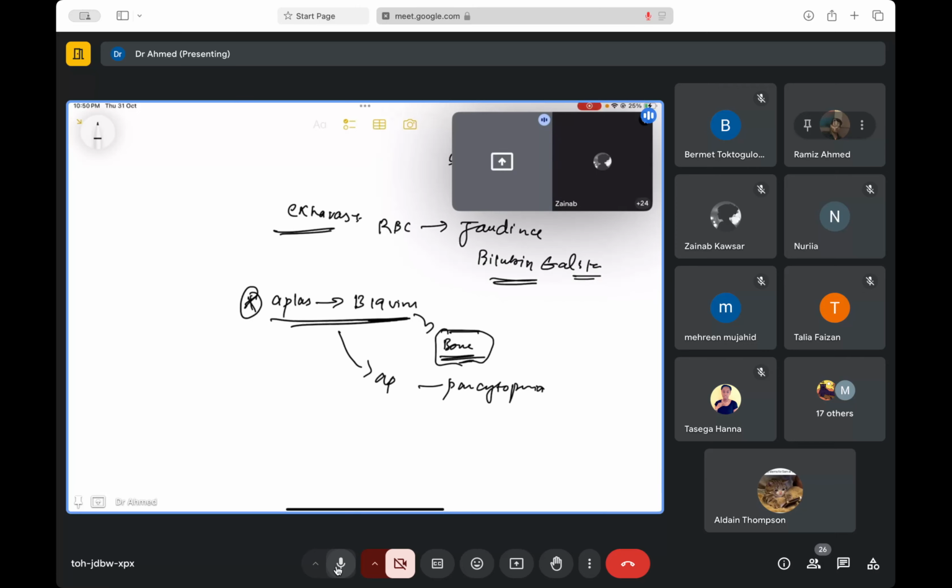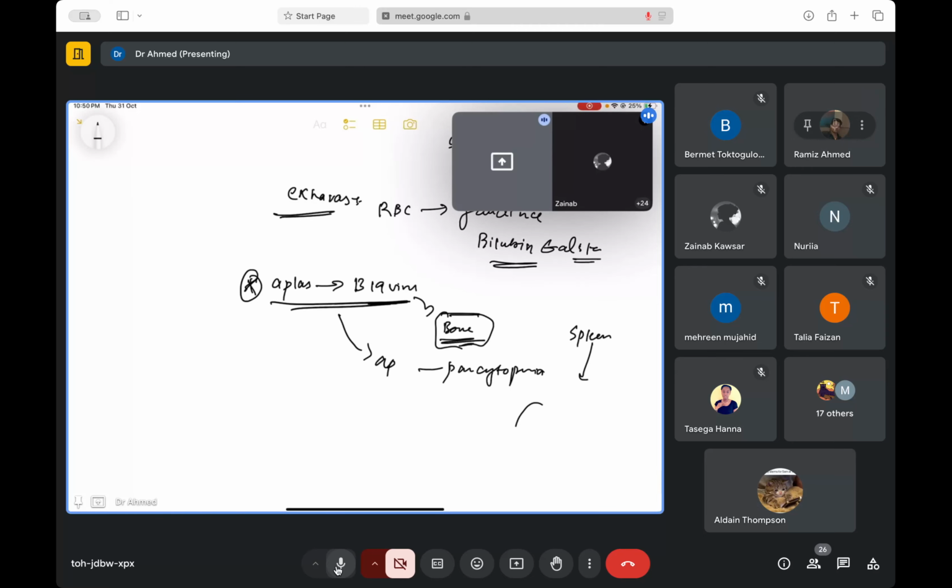Secondly, if I remove his spleen, you guys are going to tell me mature red blood cells do not have nuclear fragments, right? Why? Because the spleen eats these nuclear fragments from a mature red blood cell.